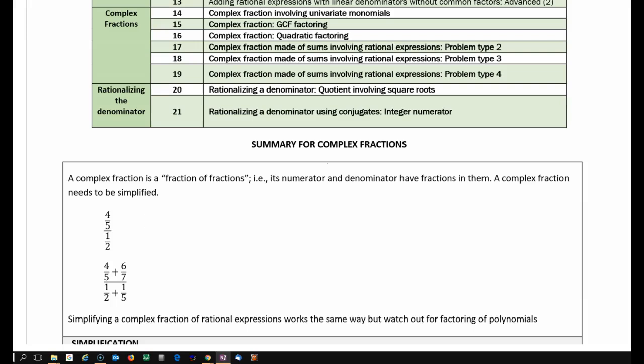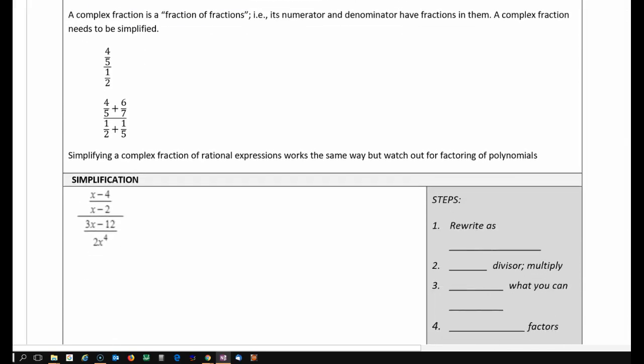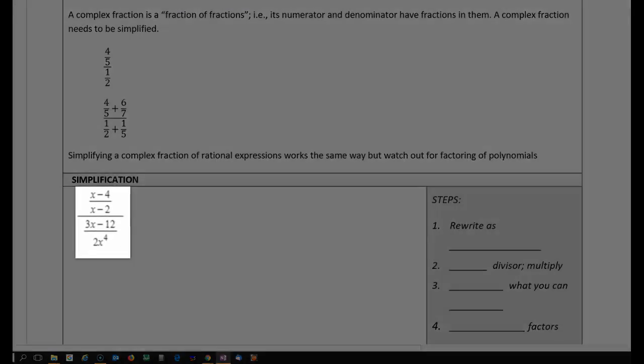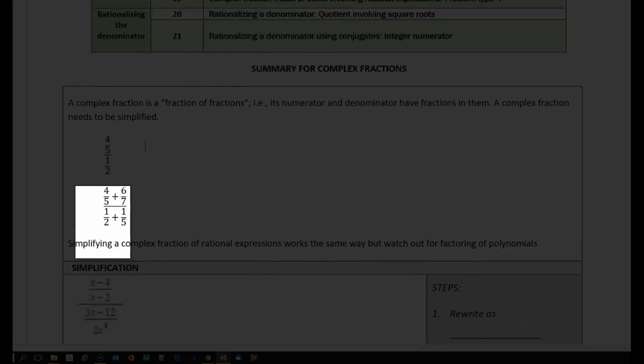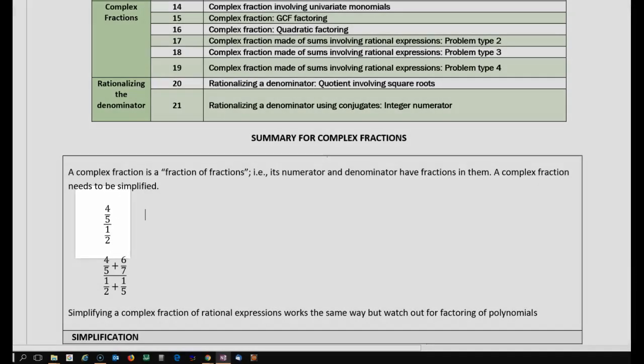And I'm going to show you that the simplification process for a complex fraction with rational expressions such as this one is going to be similar to a complex fraction that has only numbers. First step is to rewrite it as division. Flip the divisor and multiply instead.